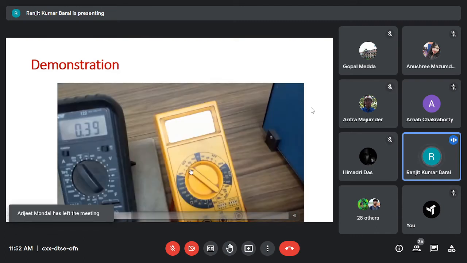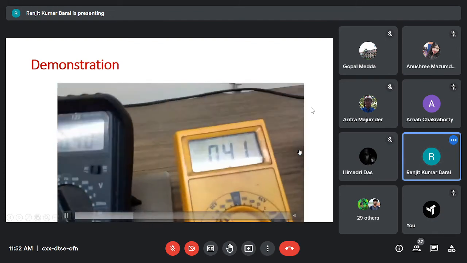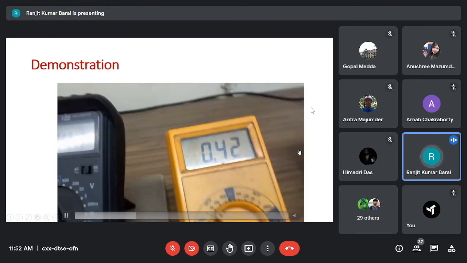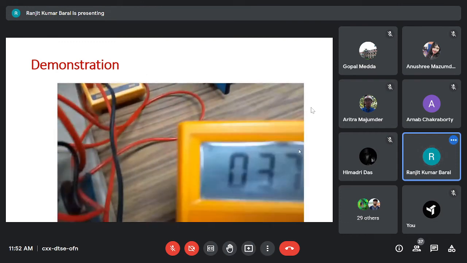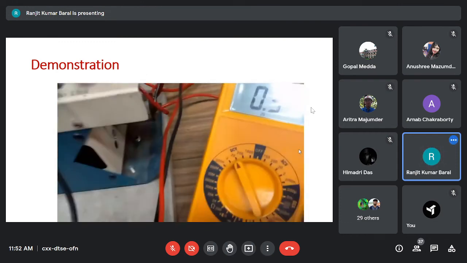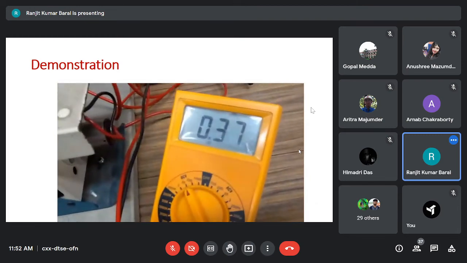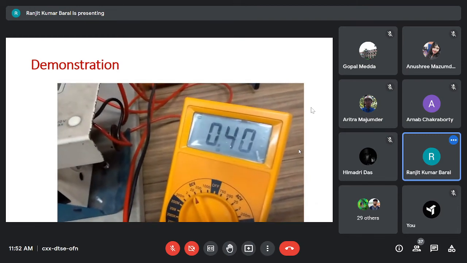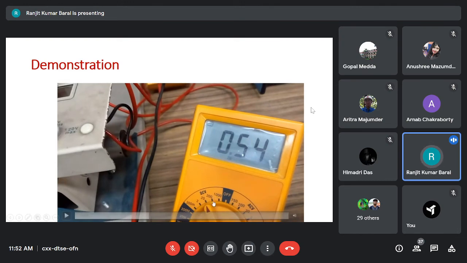This is actually the input voltage that we are applying to the servo amplifier, and this one is in ammeter mode, so this is the armature current. Sometimes the meters get interchanged. That's why the confusion. And this is the tacho generator voltage that we are measuring.